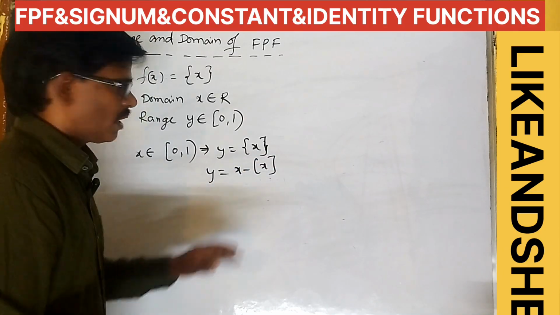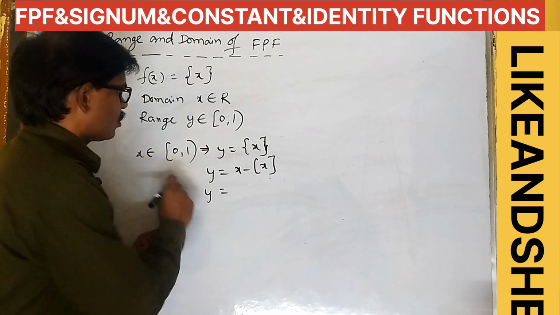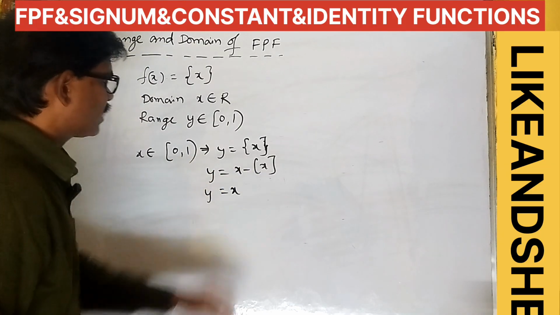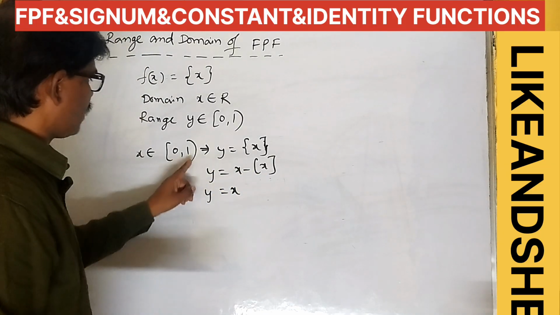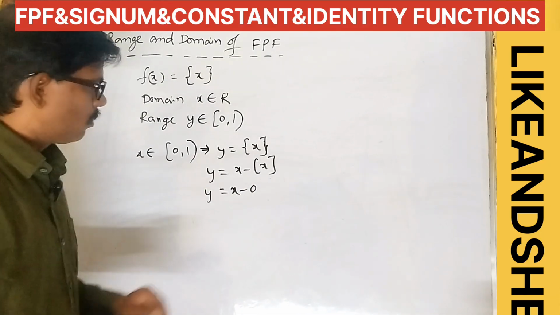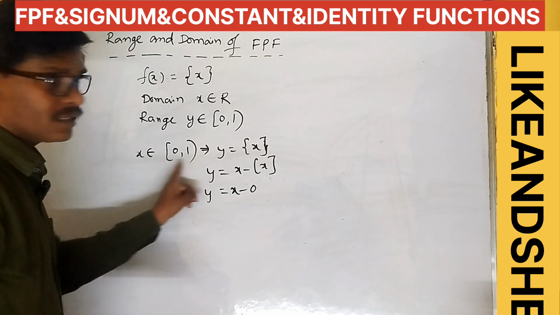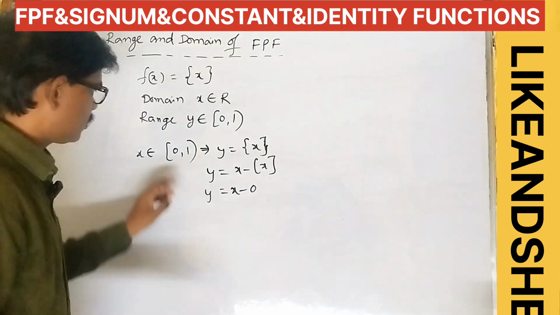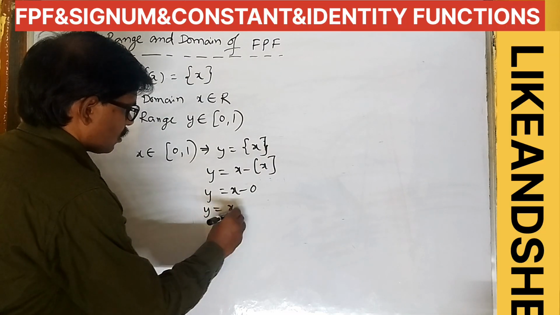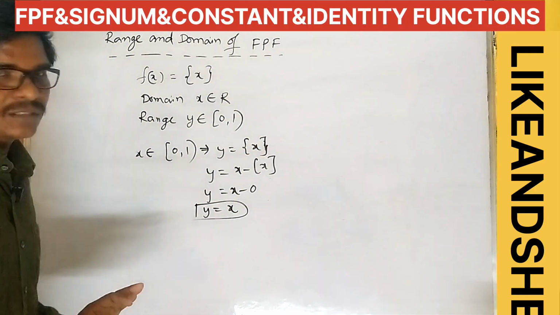Here x is equal to x only, because step x is equal to 0. This is the closed interval, so y is equal to x. This is one line.